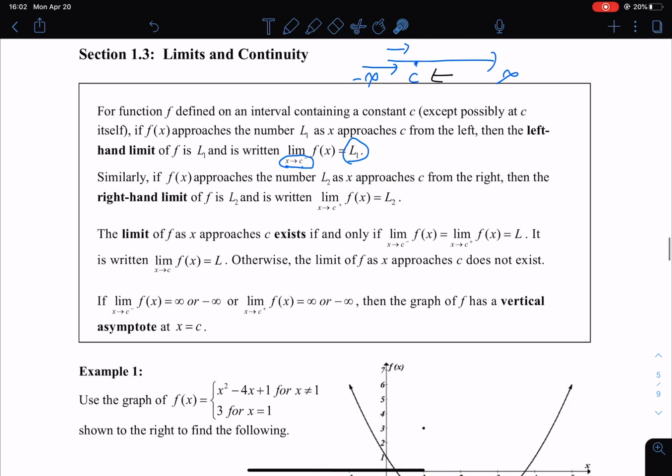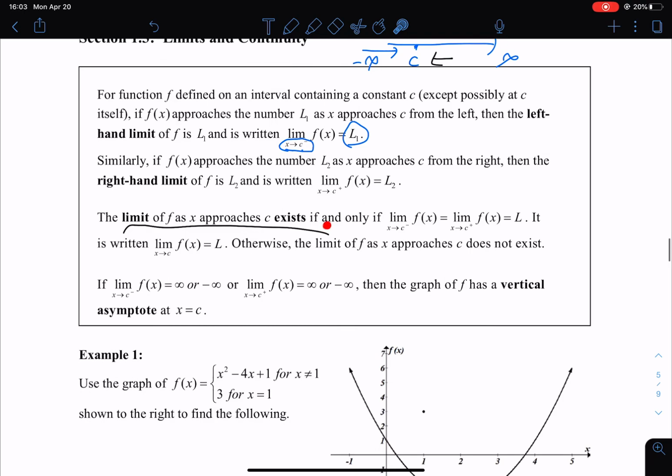So this part talks about the limit. Now we are not talking about the left-hand limit or right-hand limit, just the limit of a function as x approaches C. So no plus, no minus sign. We say the limit of f as x approaches C exists if and only if, so this is the if and only if condition.